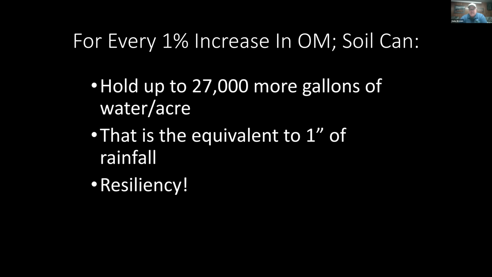So look at that. If we increase our organic matter levels 2 or 3%, what's that going to do for our resiliency? I will never forget, Shane, when our consultant Alejandro Carrillo gave a webinar on our series. As a matter of fact, Alejandro is going to be giving a webinar on October 27th or 28th.